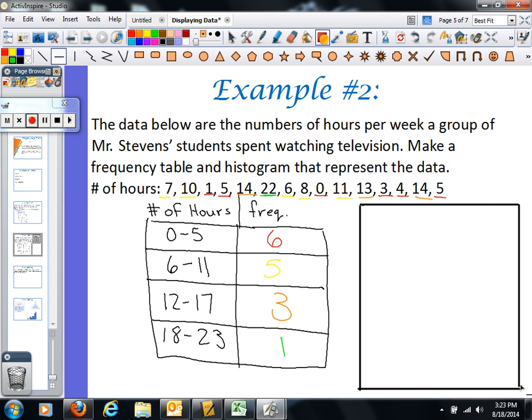Okay? Now, a histogram is a graph. And how we do this is the frequency is always going to go on the side here. On the bottom is going to be your number of hours, or in the last case would be number of home runs. All right?